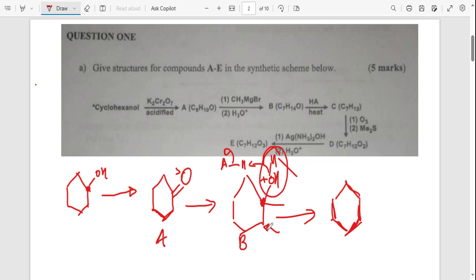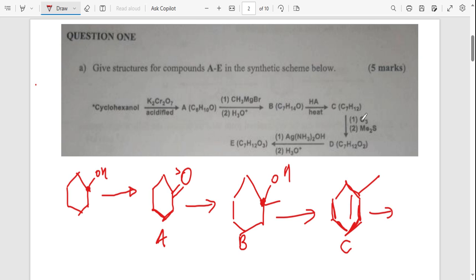We can grab from this carbon, can also grab from this carbon. So that is what happens. So now we have formed our alkene, that is C.